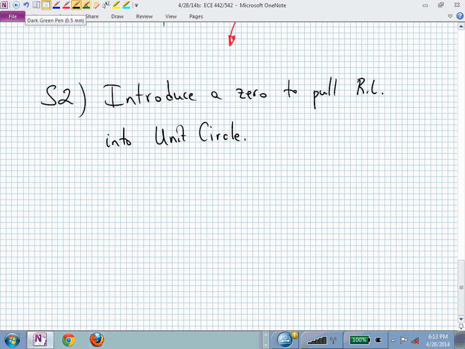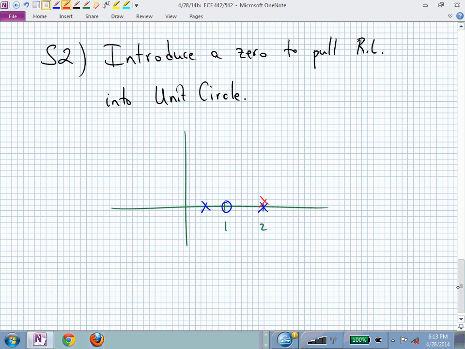Let me sketch it again. And you know what I'm going to do? I'm going to make my job a little easier. I'm going to just say, let me just put that 0 right on top of the pole.